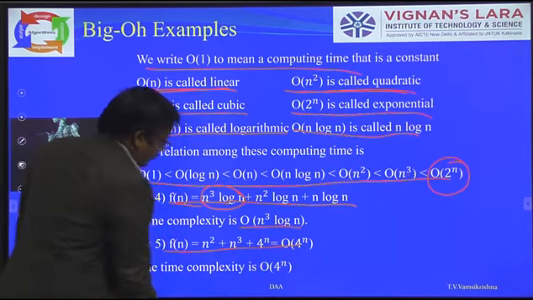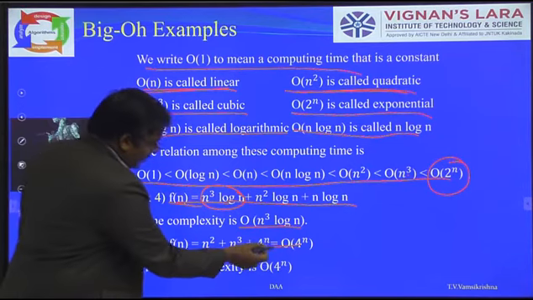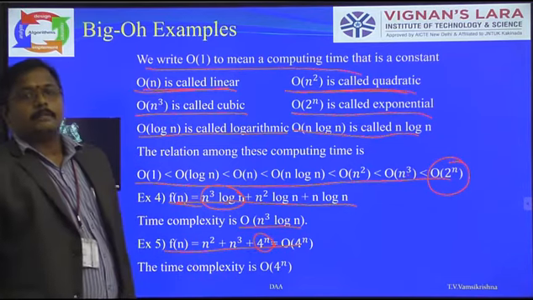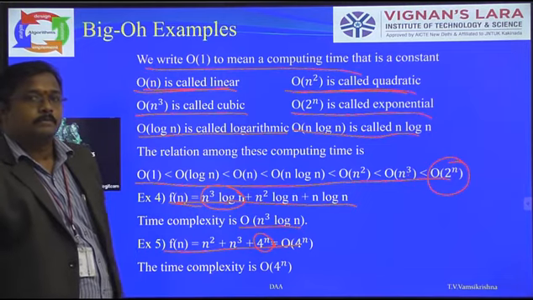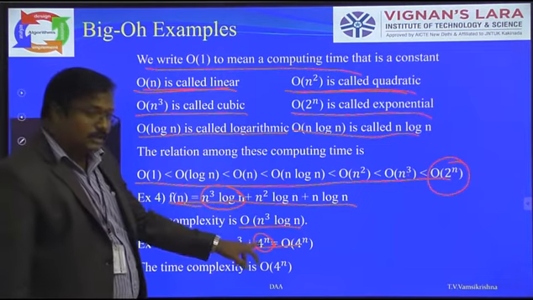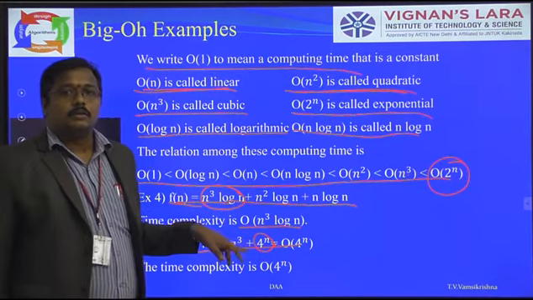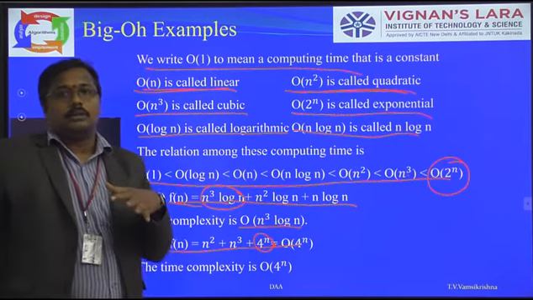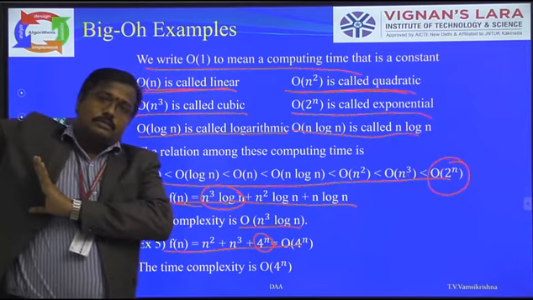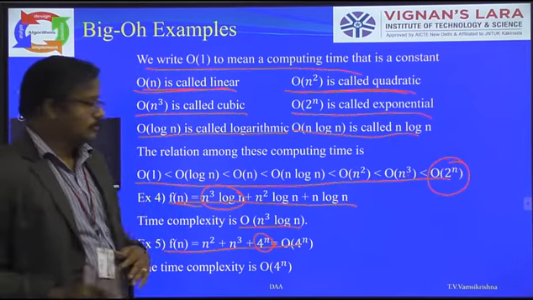Similarly, f of n is equal to n square plus n cube plus 4 power n. The time complexity is big O of 4 to the power of n. Why? Because the larger value depends on 4 power n. Because we are talking about big O, which means upper bound, that is for large values of n. Okay?